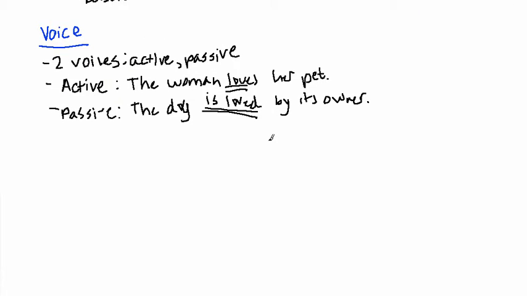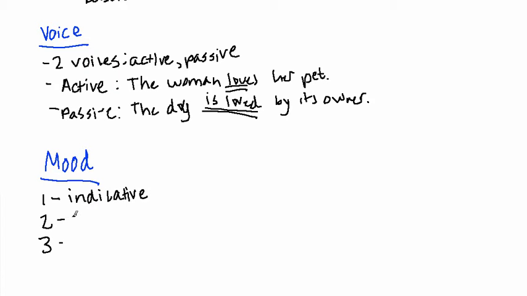Okay, so next up is the mood. The verb can be one of three moods. I'll just make my list. 1, 2, 3. It can be indicative. It can be subjunctive. Or it can be imperative.